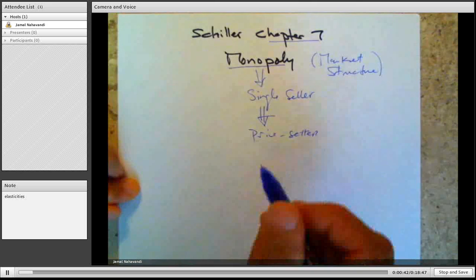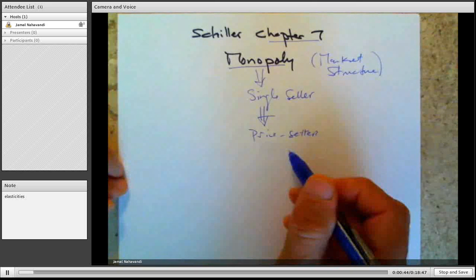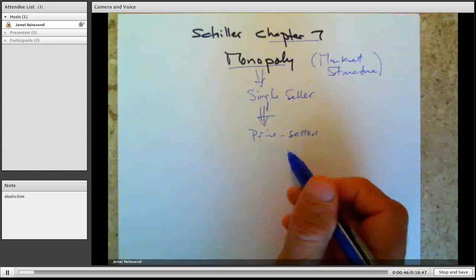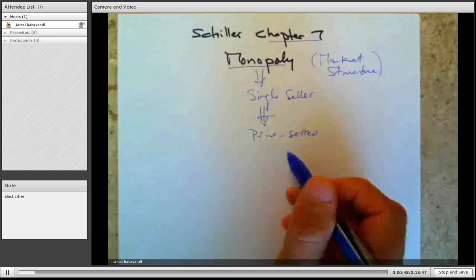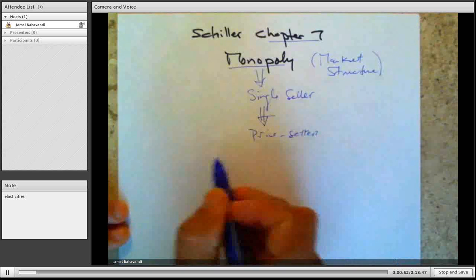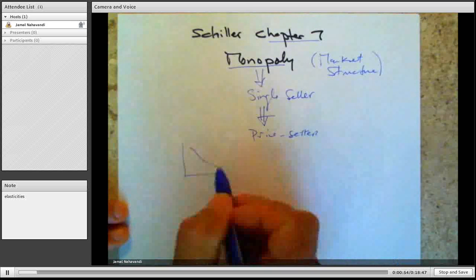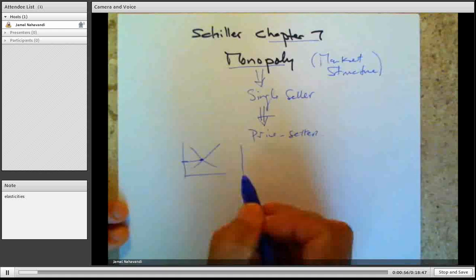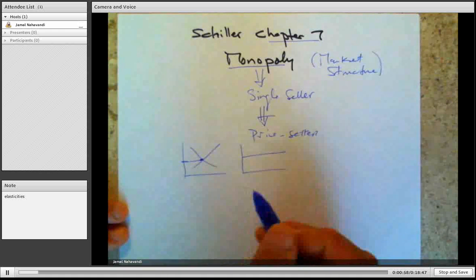meaning that it is a market, and therefore the price that it sets is determined by itself, as opposed to a competitive firm where it had to accept the market price and sell all it could.